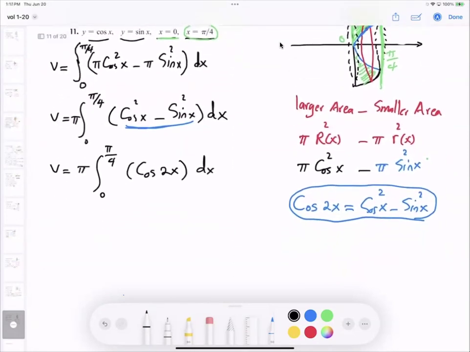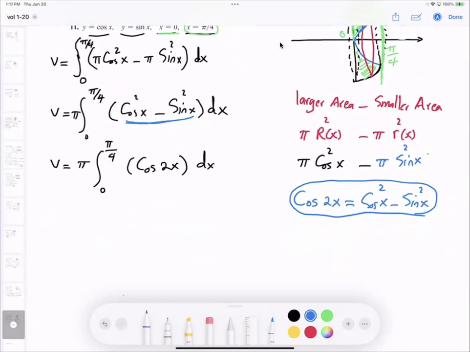Now, in taking the integral of cosine 2x, we are using u-substitution. If u is equal to 2x, du is 2 dx, or dx is du divided by 2.